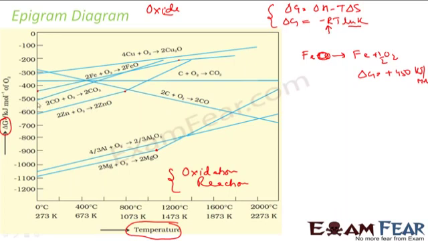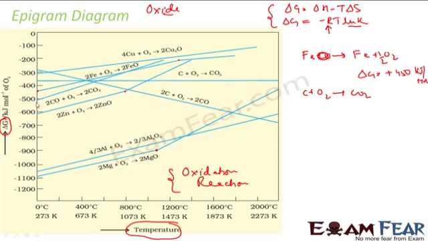But if you talk about this reaction, carbon plus oxygen gives CO2, I'm talking about this 450 kilojoule per mole at T equal to 0. Obviously, as we increase the temperature, this value will come down.